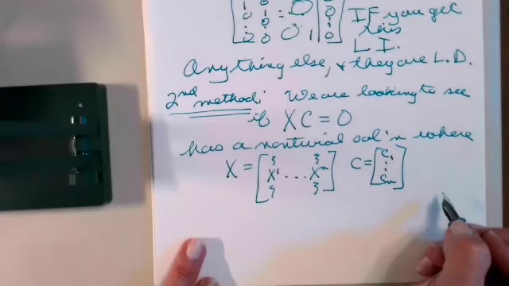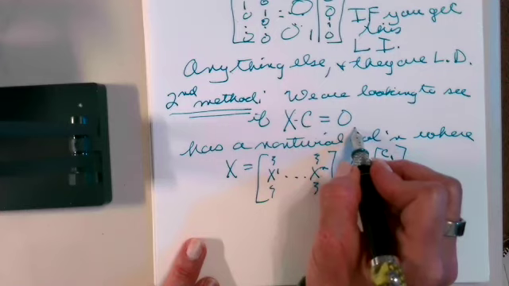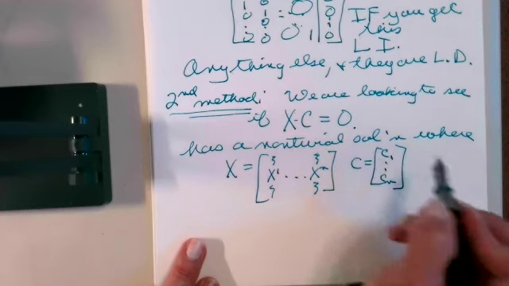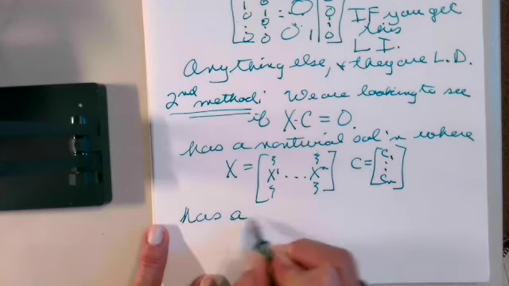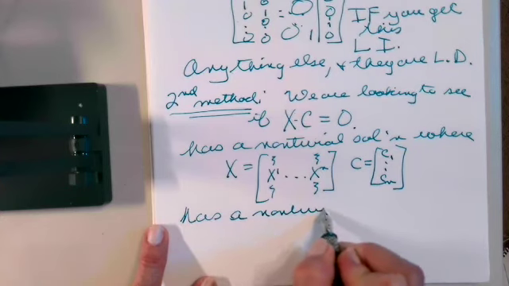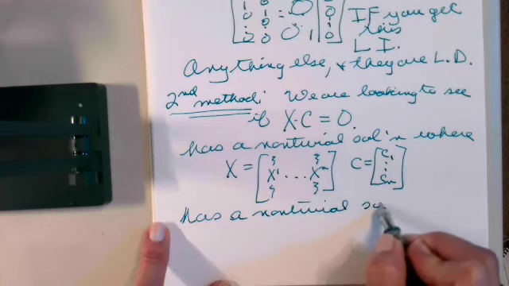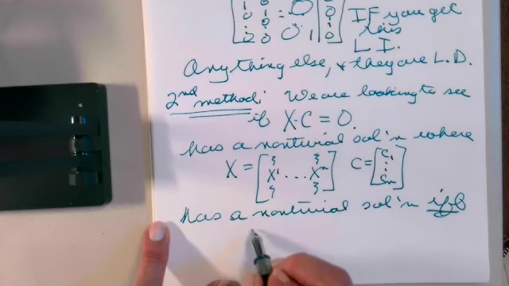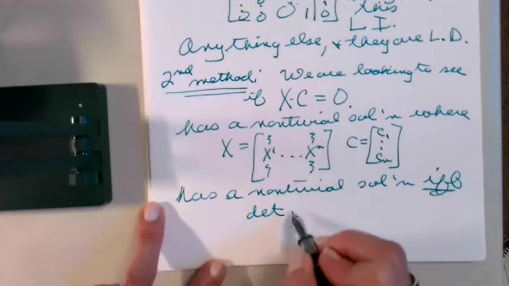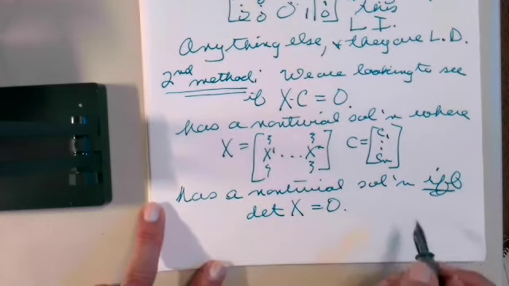So when does this homogeneous system have a non-trivial solution? By what we just discussed, if and only if the determinant of X is equal to 0.